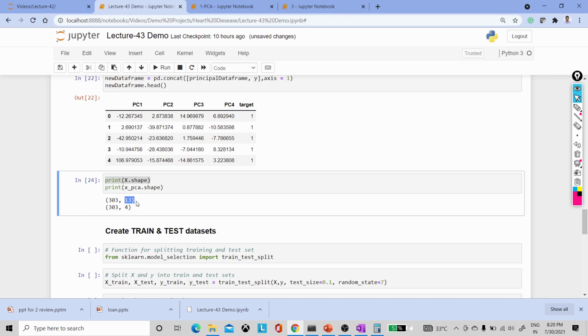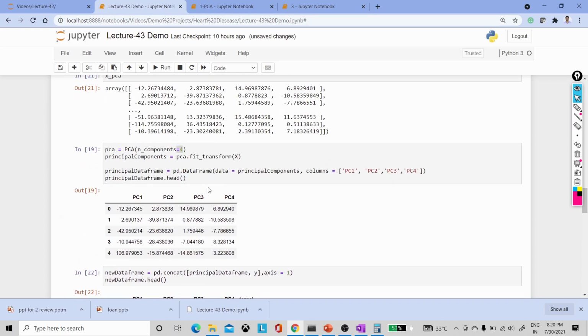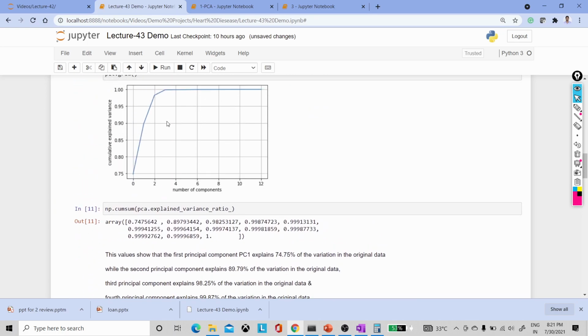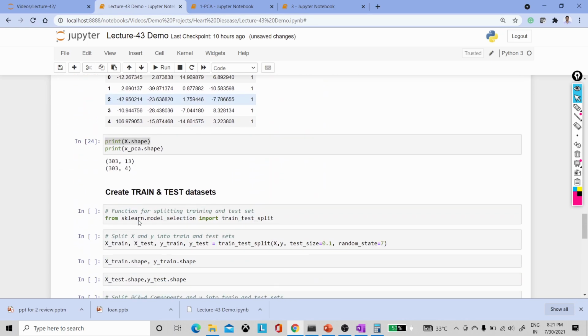PCA is applied mainly on the columns. Here we are taking 4 components. Why? Because through this graph you can understand that 4 components are enough to explain the explained variance ratio. That's why my PCA shape will be 4.